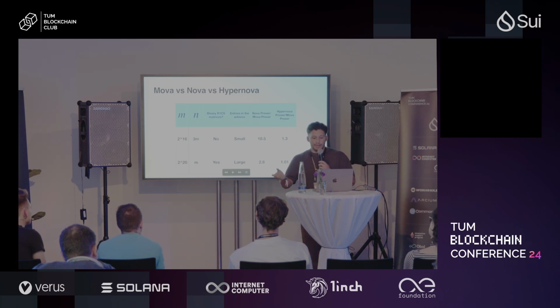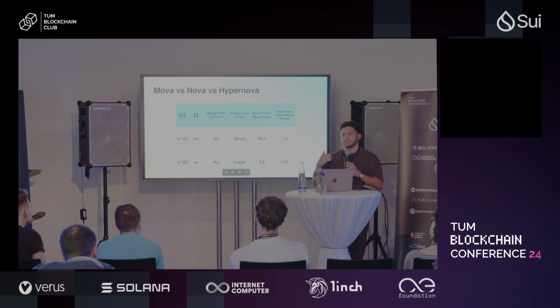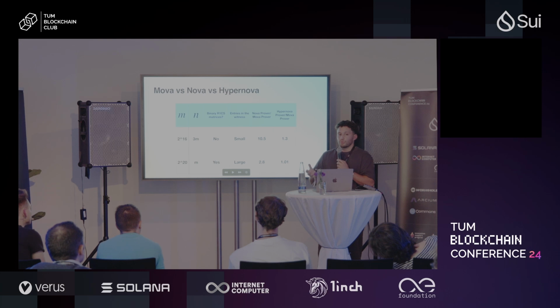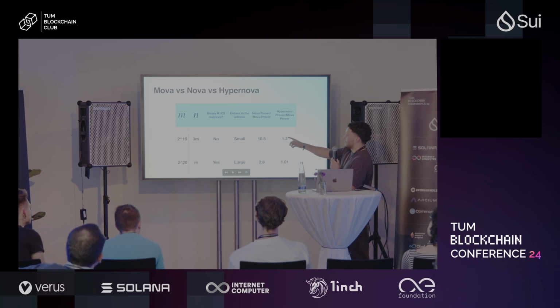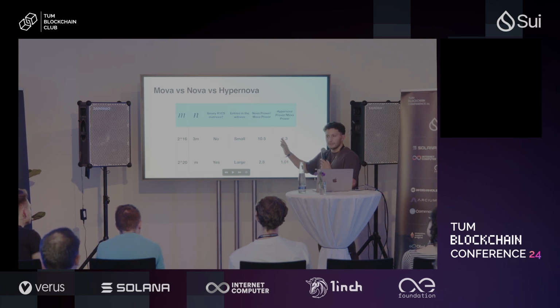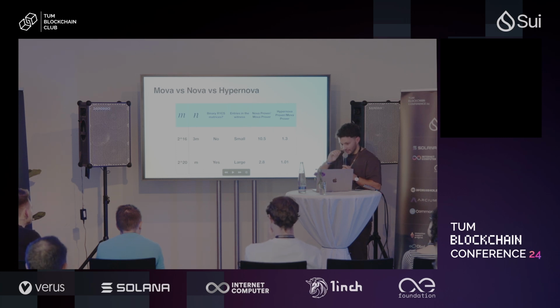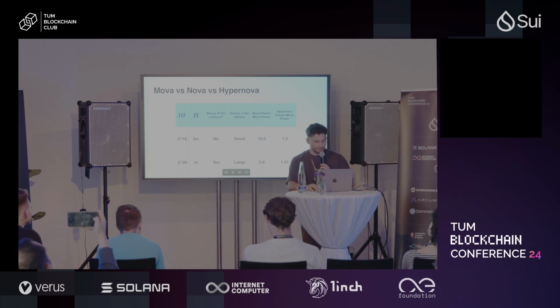Either you chose Nova for its lightweight verifier, but you had slow proving, or you chose Hypernova for its efficient proving, but you had some problems when instantiating IVC. And now Mova is kind of the best of both worlds, where it's more efficient than either of them, but at the same time it has only 3 rounds. You can see here that sometimes the comparison is more advantageous than others, but essentially that's how they compare with Nova and Hypernova.